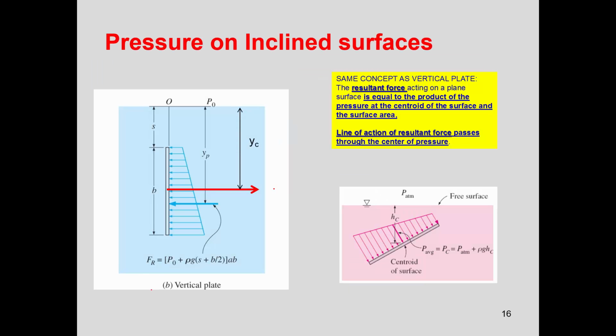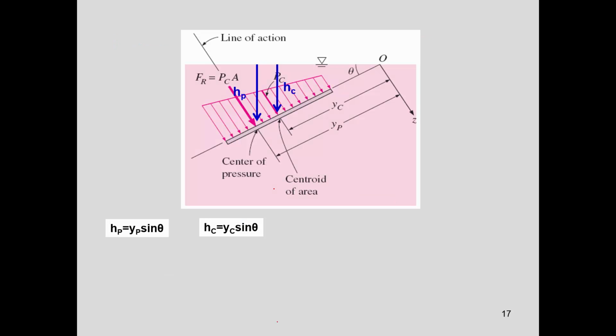The pressure on inclined surfaces. So the concepts here are not going to change, but now you have to look at an angle. So we call now here HP and HC, and what was YP and YC is from the surface to the centroid and to the center of pressure, but it's at an angle.